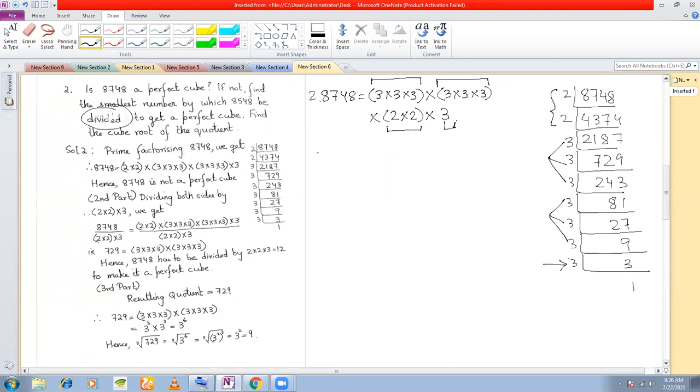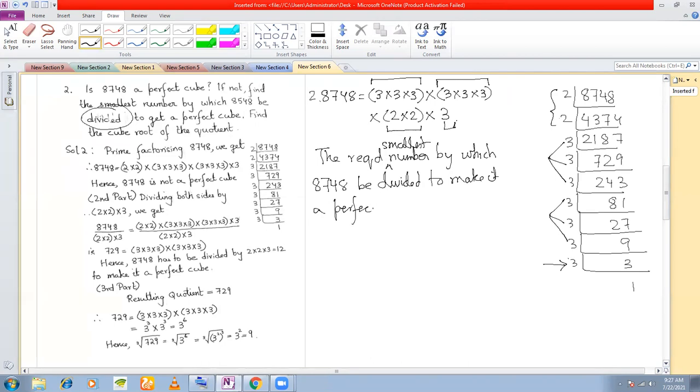So therefore, the required smallest number by which 8748 be divided to make it a perfect cube is equal to, what is the number?